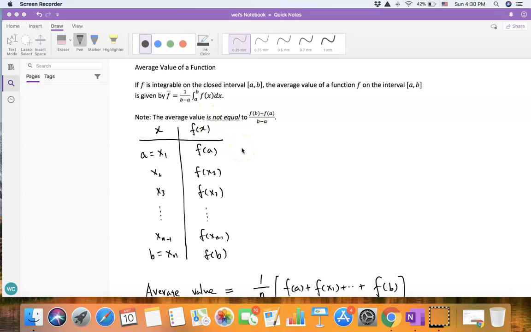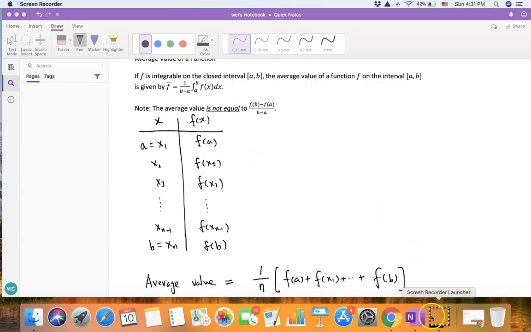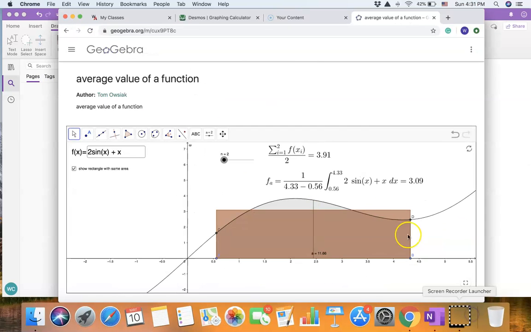So I will first show you the discrete version of this definition. To see the discrete case, let's consider this function, f(x) equals 2 sine x plus x.